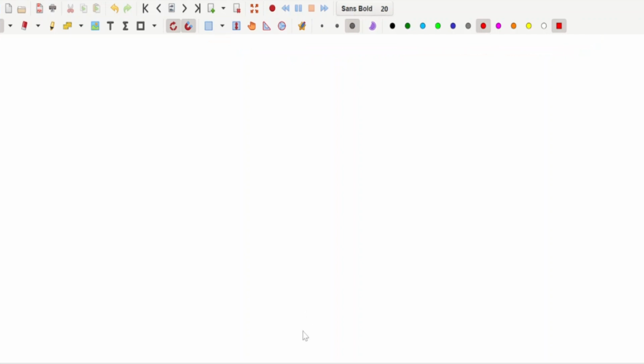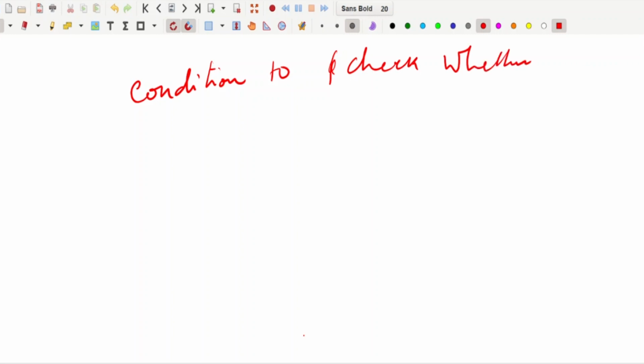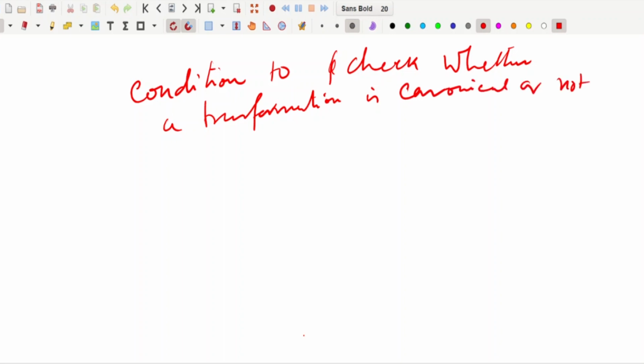For that we need some condition, a condition to check whether a transformation is canonical or not. Okay, so this can be found.